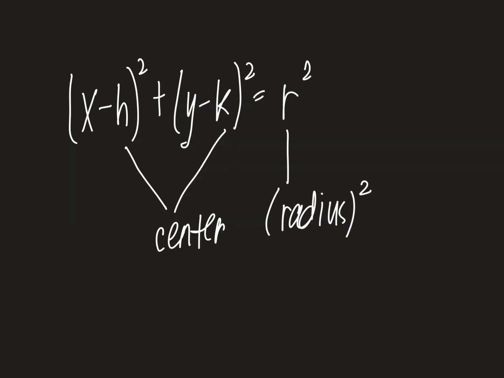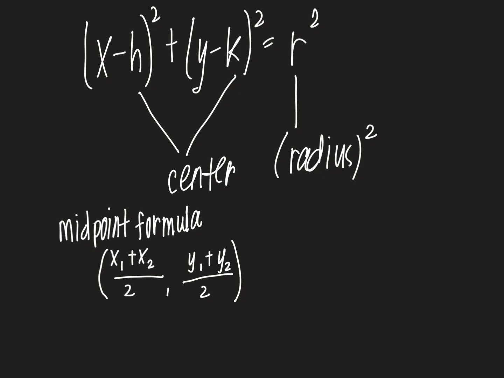What we are going to be able to do, see, this is the format for an equation of a circle. With those endpoints that we have, we're going to be able to find the center of those endpoints using the midpoint formula.